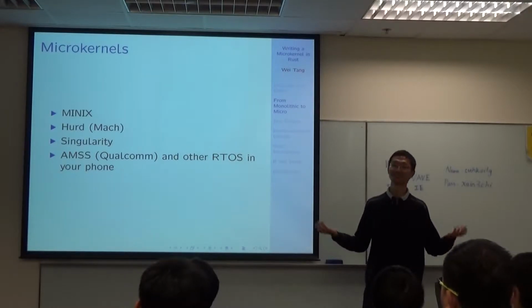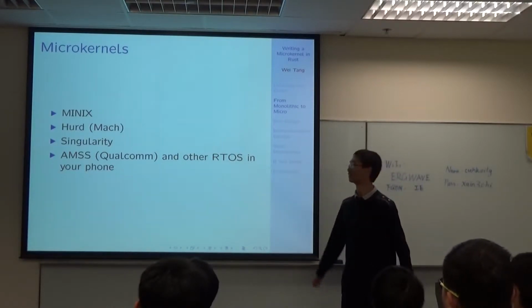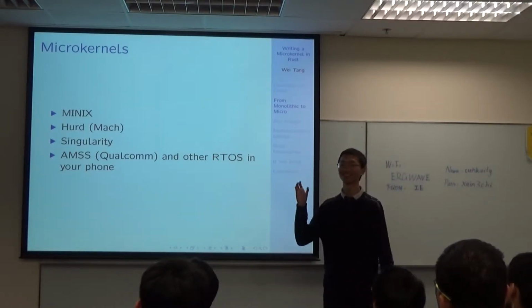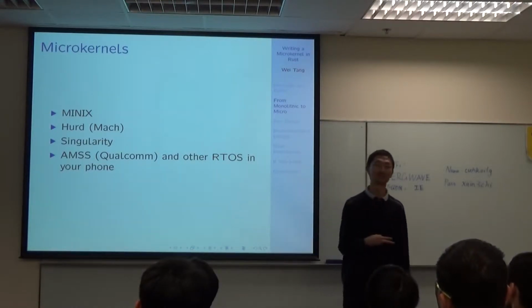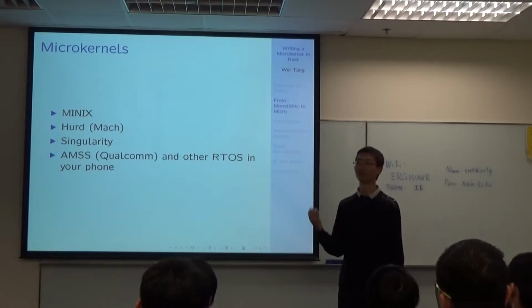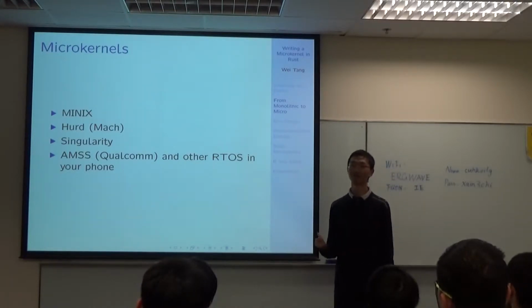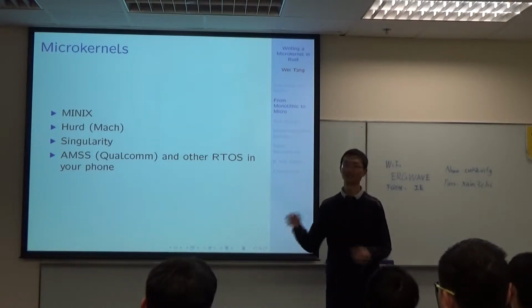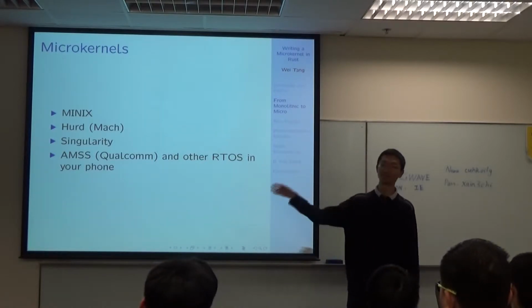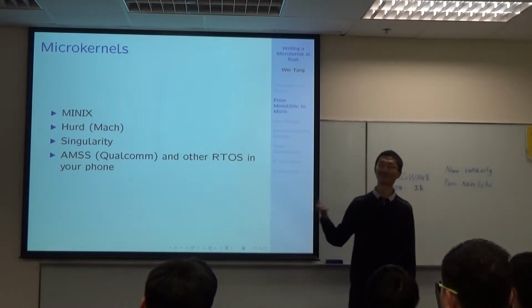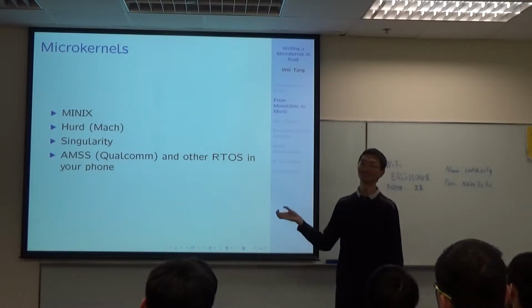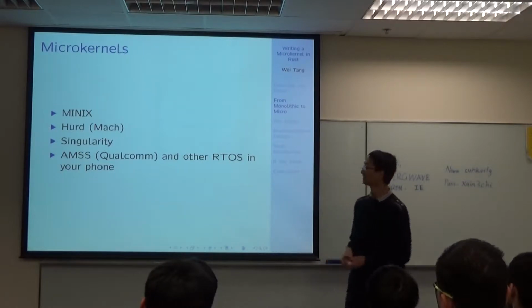But actually, there are a lot of microkernels. For example, everybody has a mobile phone. And in your mobile phone, you actually run two operating systems. The first is, for example, Android or iOS. And the other one is a real-time operating system that actually manages the phone communication, the baseband.